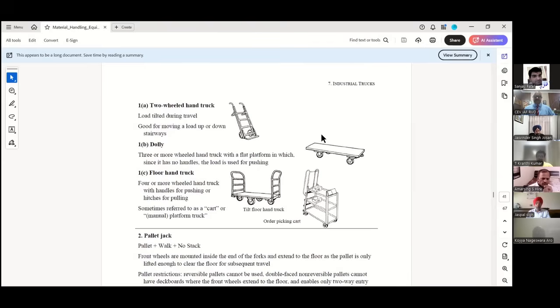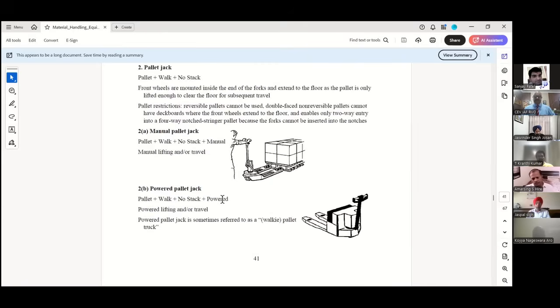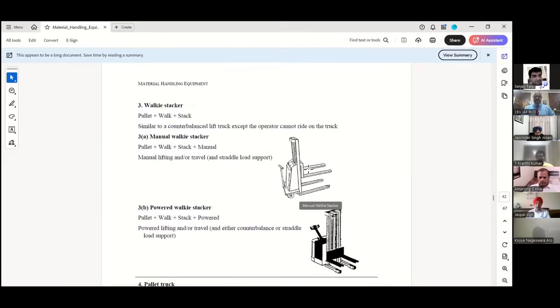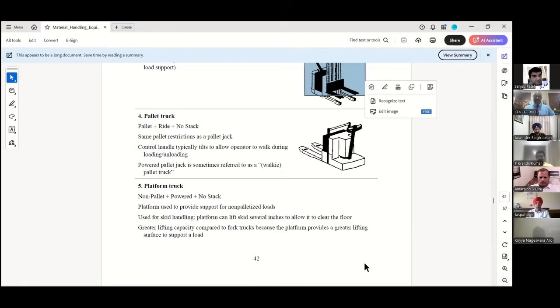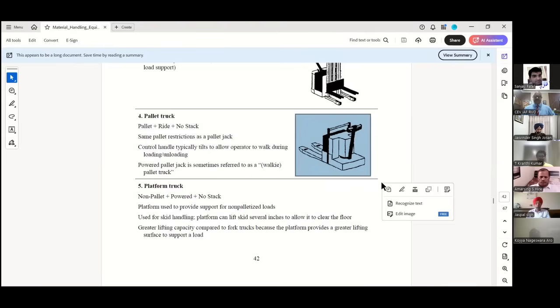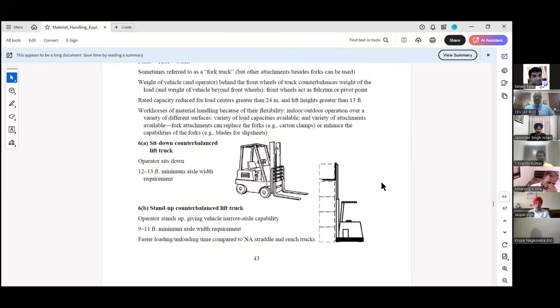Industrial trucks, you will find the trucks, trolleys, pallet jacks, hydraulic pallet jacks, walkie stacker, pallet truck, and forklift.